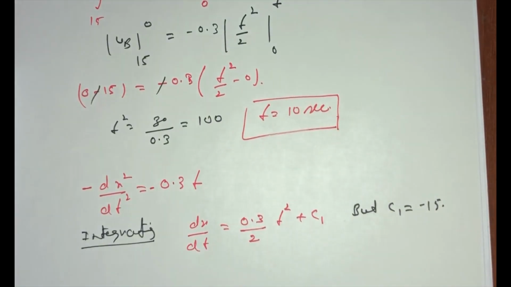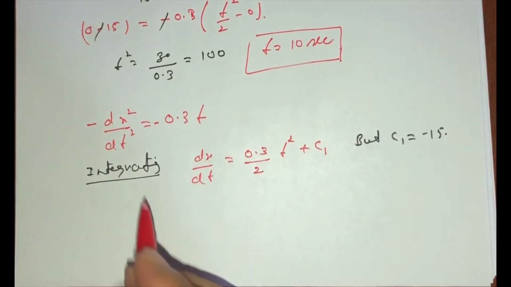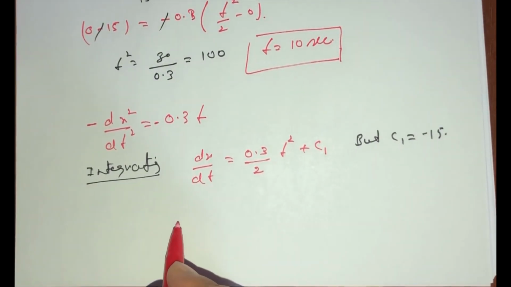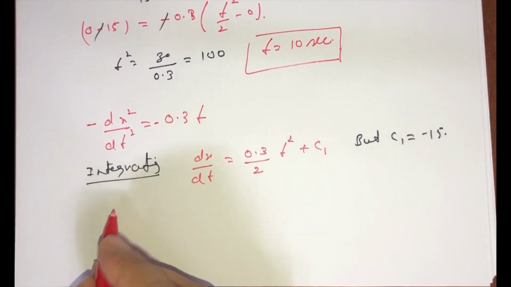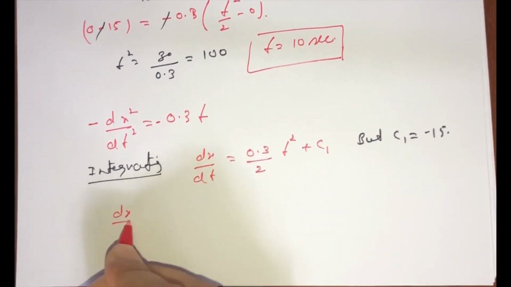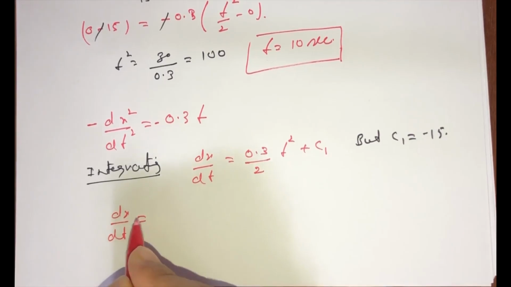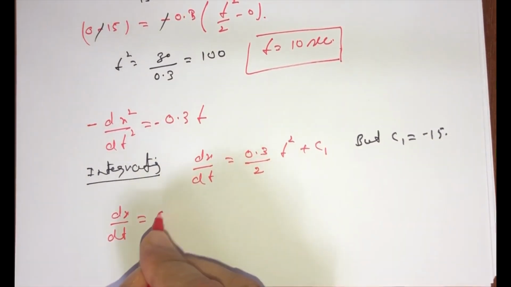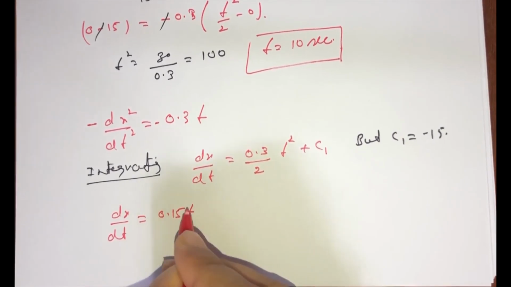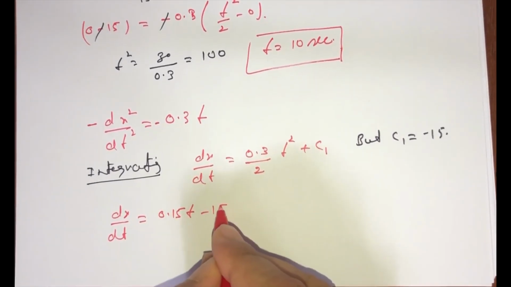So we put this value, and dx by dt is equal to minus 0.15 t square minus 15.